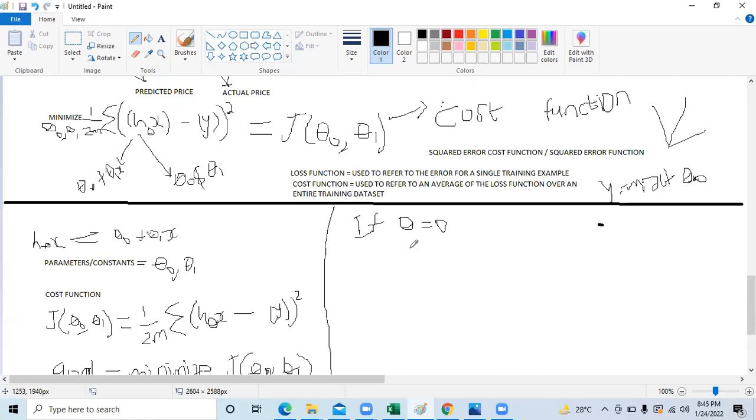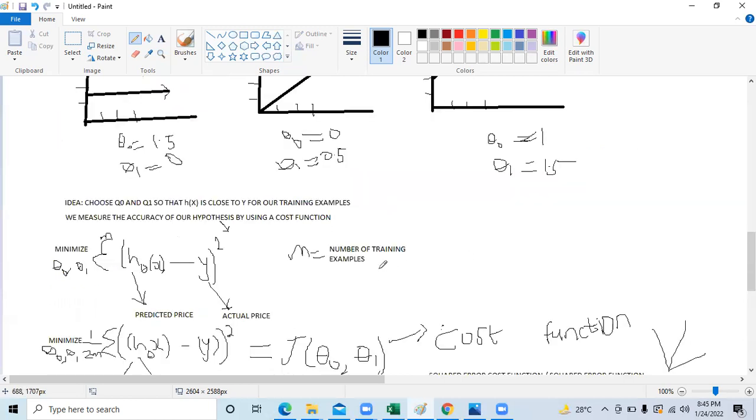So let's simplify our cost function by saying if theta 0 equals 0, then our h of x is equal to, instead of theta 0 plus theta 1 x, just theta 1 x.